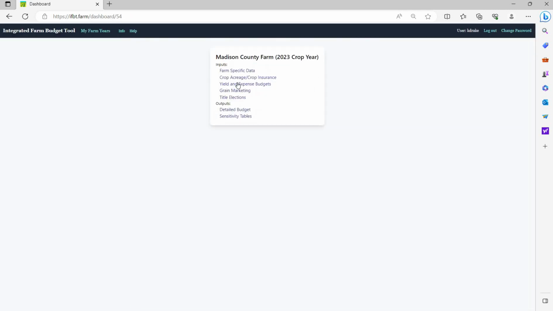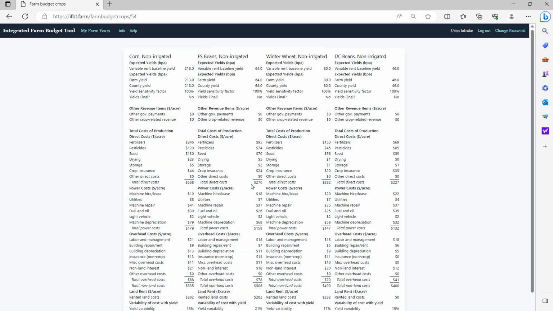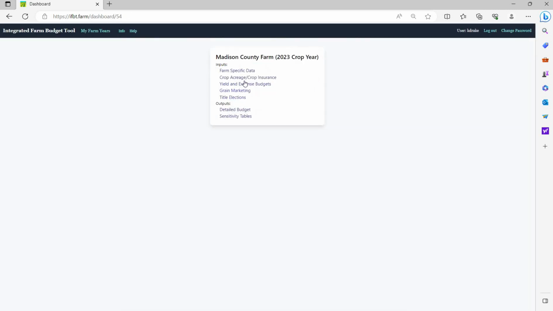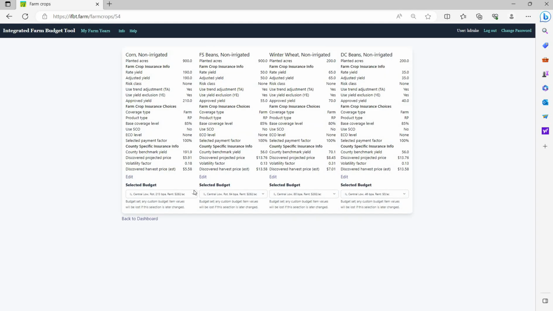For purposes of calculating the revenue benchmark, we assume that we use for a price the projected price as calculated for crop insurance. So in our case, we would assume that the farmer and the landlord agreed that they would use for the revenue benchmark calculation the discovered spring price of $5.91 in this example.